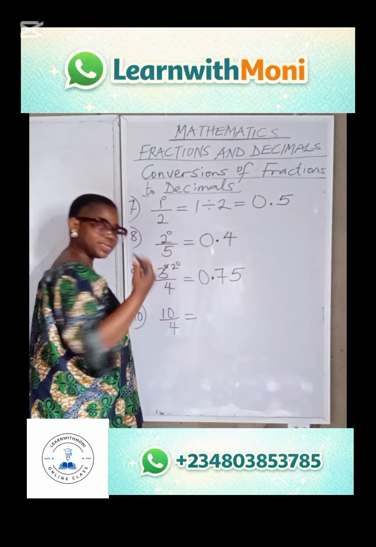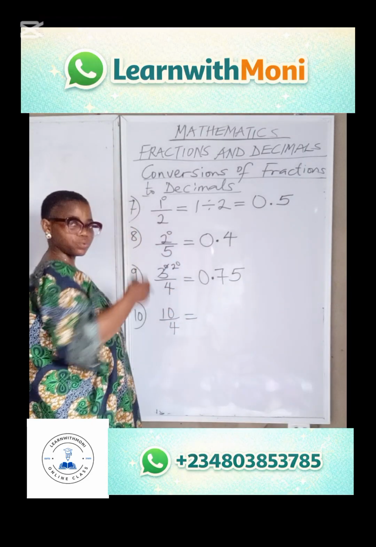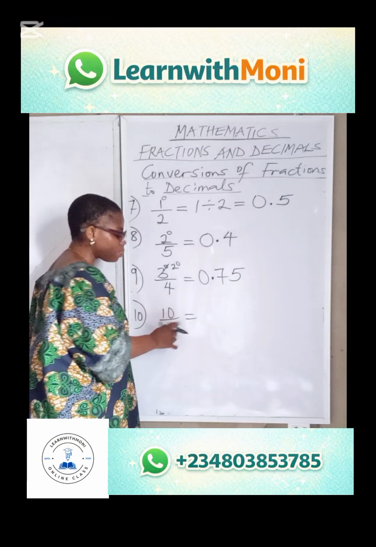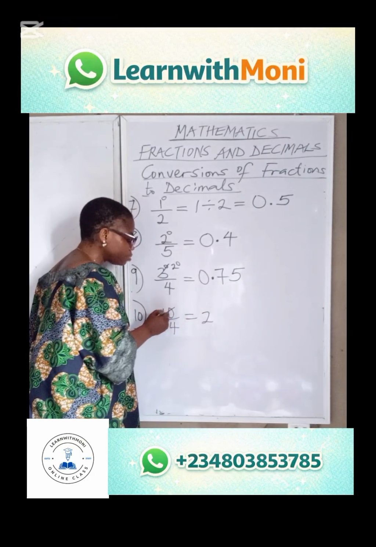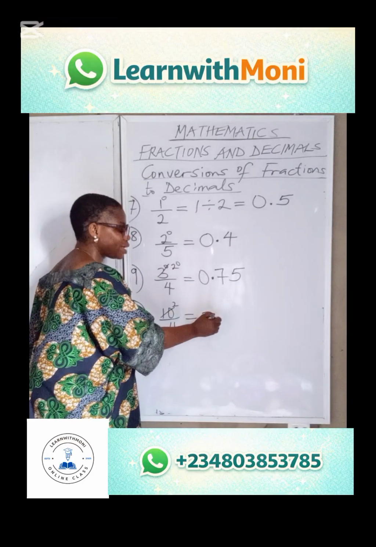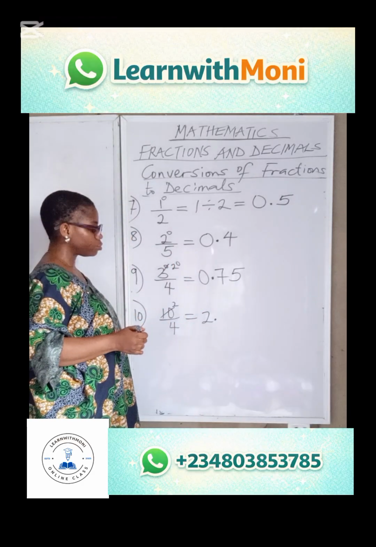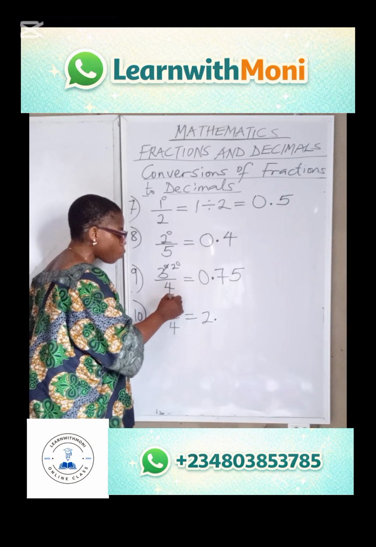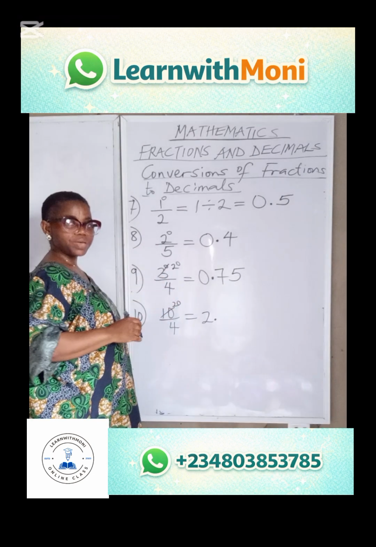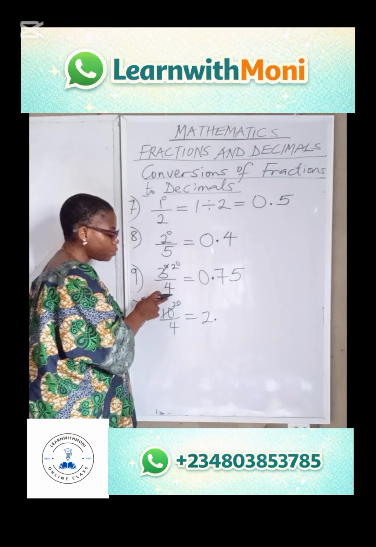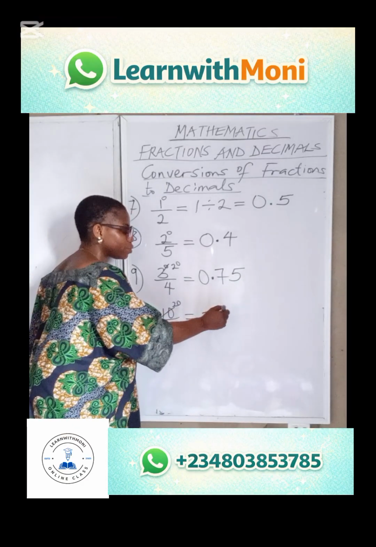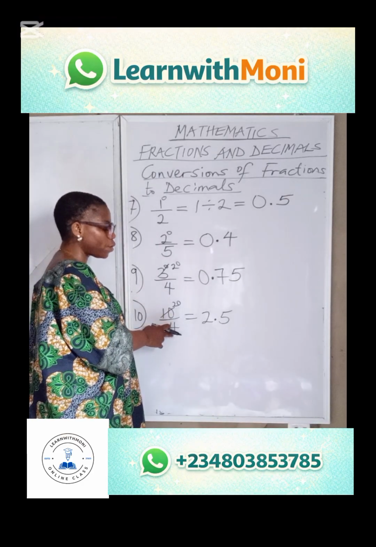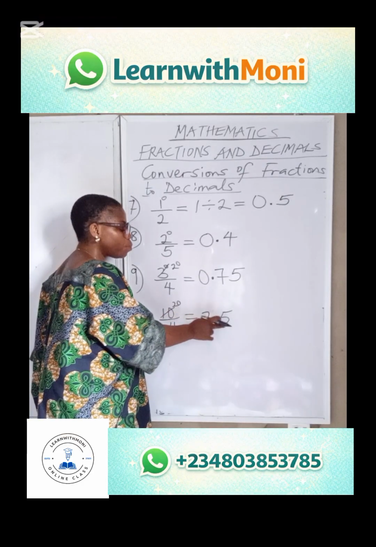I will divide it the same way I do with other ones. 10 divided by 4 is 2, and it will remain 2. I'll put decimal points behind that 2 because I cannot get another 4 from this 2. Then I'll put an invisible 0 behind the remainder. Now 20 divided by 4 is 5. That means 10/4 is equals to 2.5.